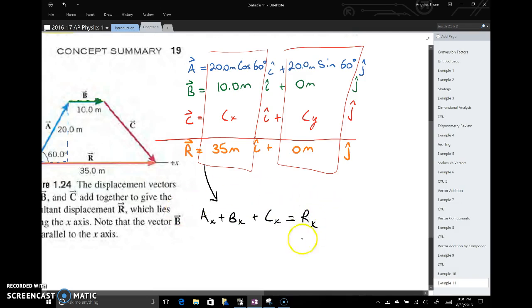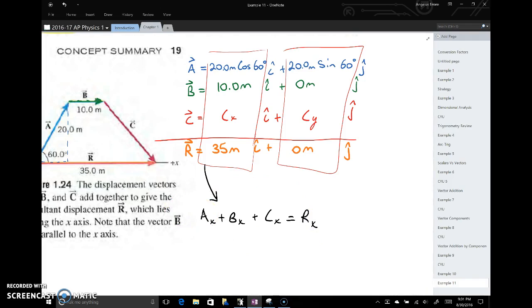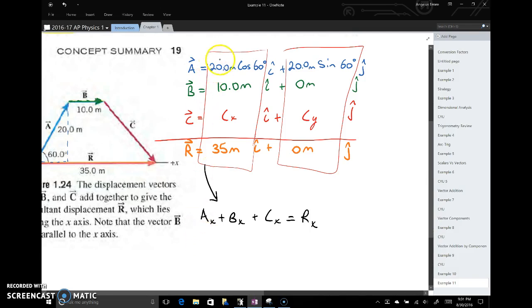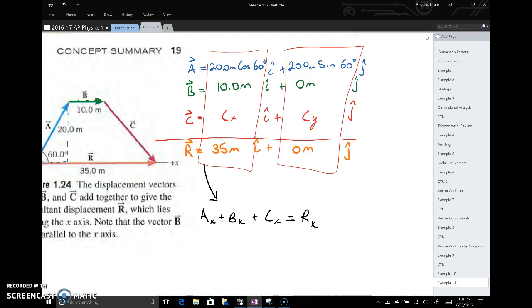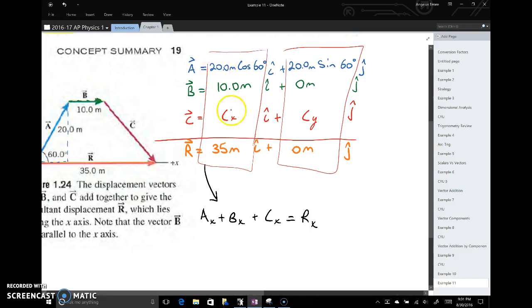So can you see how this is similar to that real simple scalar algebra problem we were just looking at before? Okay, so we've got 20 cosine 60. Now, cosine of 60 is one of our special right triangles, so we should have that memorized. I think that's 1/2, so that's going to be 10. So we're going to have 10 meters plus 10 meters plus cx needs to be equal to 35 meters.